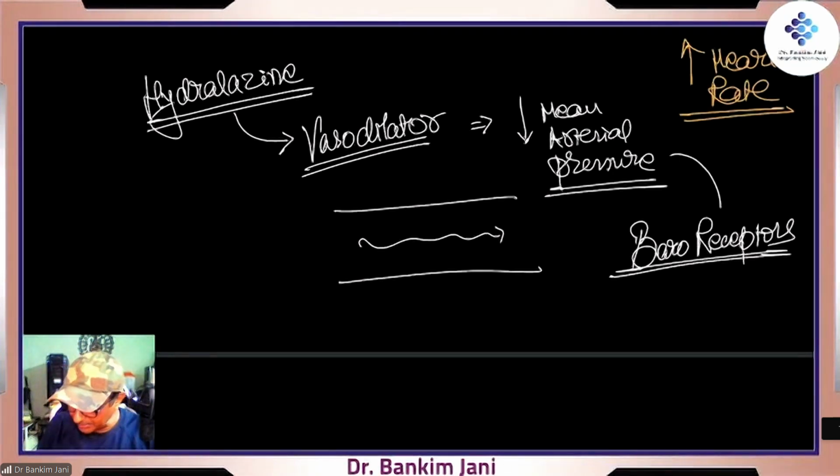They will not say anything to the brain. The brain will think baroreceptors are not sending anything, they are not getting stretched, which means pressure is less. It will call the heart to start contracting fast. So that will lead to increased heart rate.